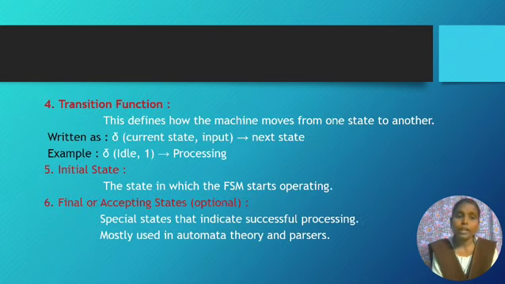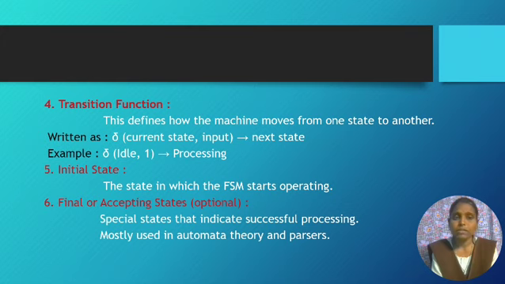And number four, transition function. This defines how the machine moves from one state to another. It is written as delta of current state and input, that means next state. For example, delta of idle, 1 is processing. Number five, initial state.